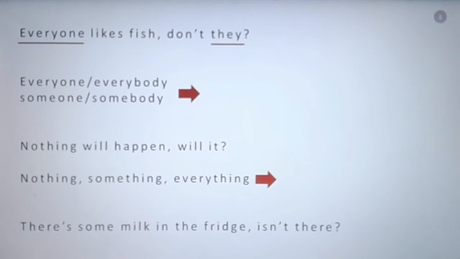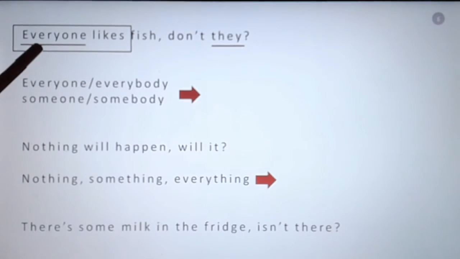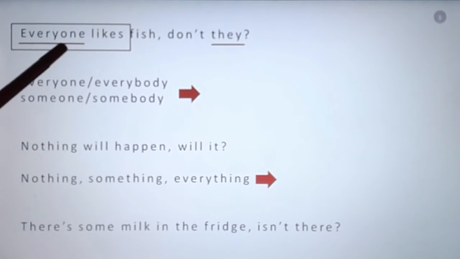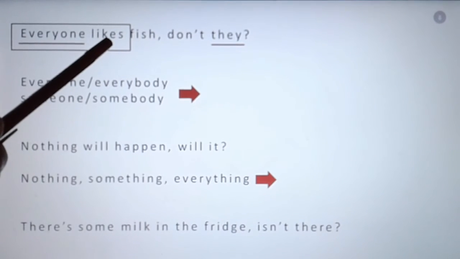And take a look. The sentence uses everyone likes. We use likes because it's related to the pronoun that we use. Everyone should be followed by verb 1 with s or es.